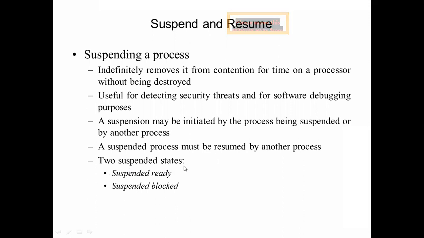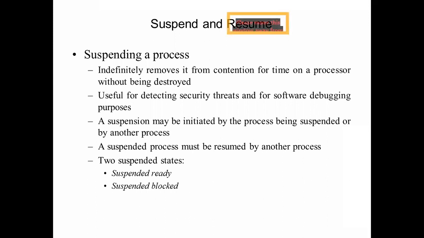So there are two states for the suspended process. The first is called suspended ready, and the other is called suspended blocked. From the suspended state, you are preparing to come back to the ready state. You can change the state from suspended to ready, or you can block it finally.